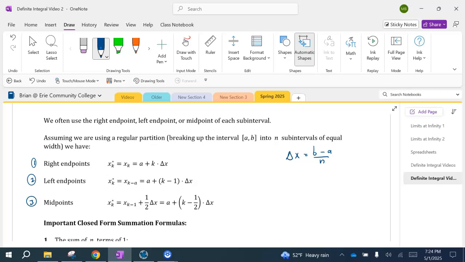All right, so we're going to be able to take that expression and substitute it in for delta x in one of these scenarios, whether we're using right endpoints or left endpoints or midpoints. And then we're going to have a number to plug into the function f and evaluate, and then multiply that result by delta x and add the results together.